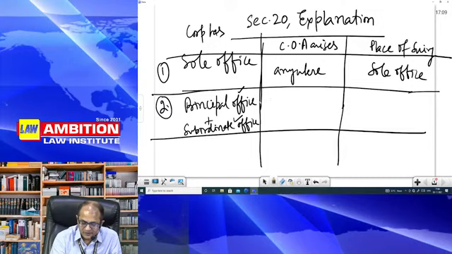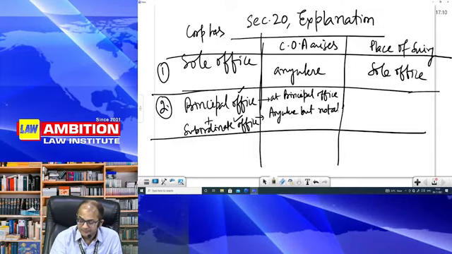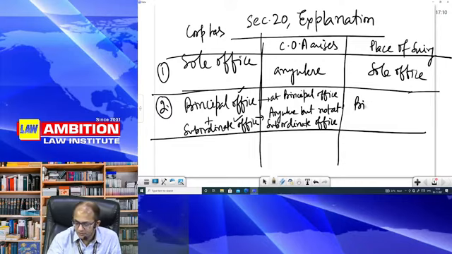And the cause of action arises at the principal office, or anywhere, but not at a subordinate office. Then where will the place of suing be? The principal office.